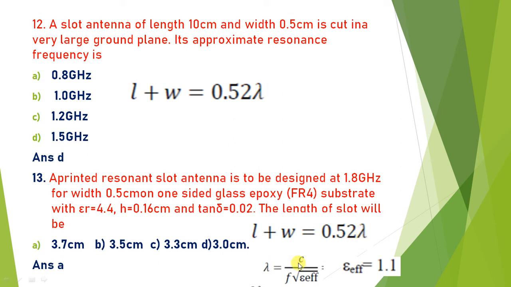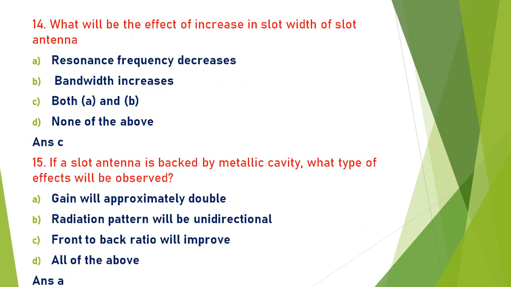So lambda is equal to C divided by F times the square root of epsilon effective, and take epsilon effective as 1.1, as we did in all the previous MCQs. Find the value of lambda and put it in. The width is given, so find the length of the antenna. If you calculate, you will find the length is 3.7 centimeter.